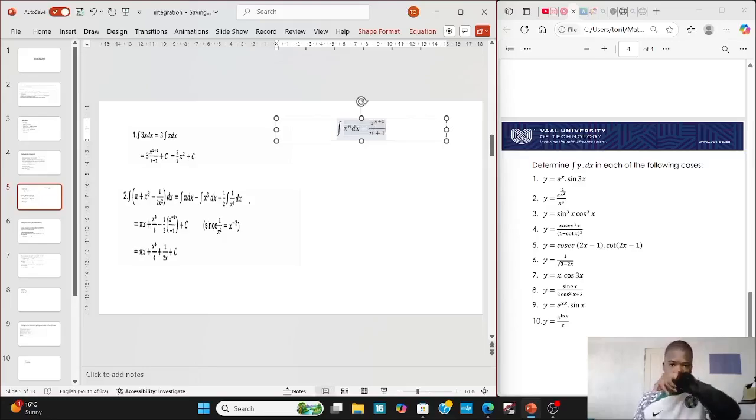So that is the first thing that we'll do. We know that we are going to use this formula for the first one.